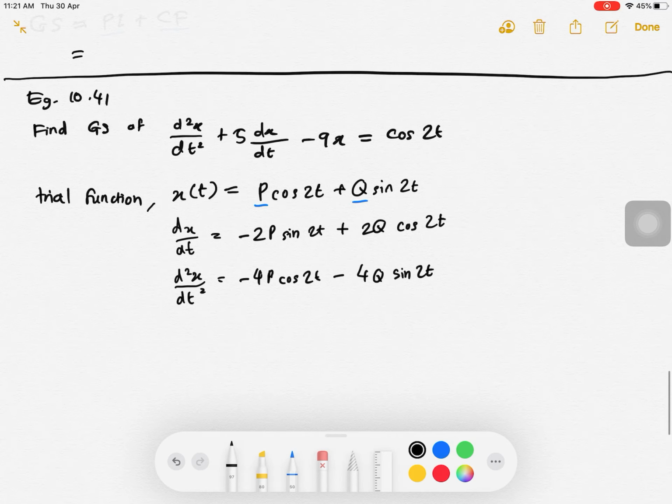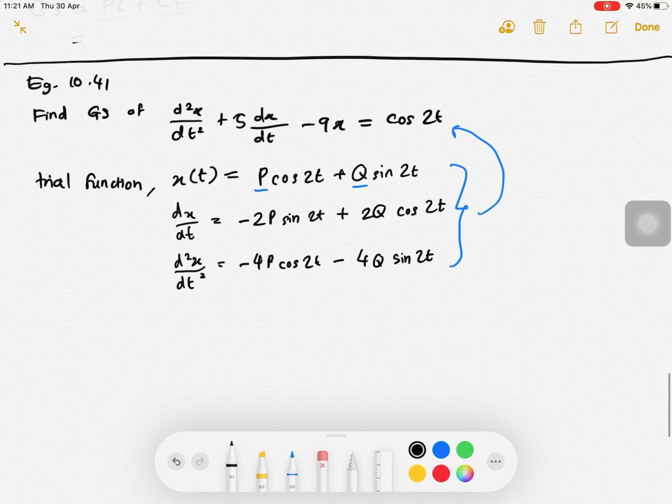Okay, so we just put everything inside the differential equation. We substitute.